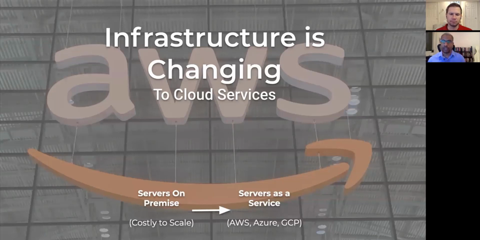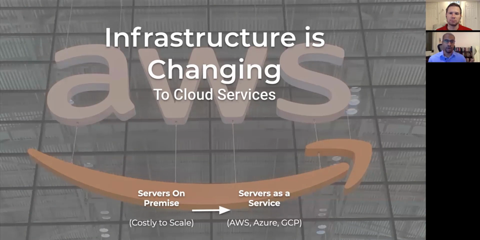I don't know how it is in your organization. Some of you may be at organizations where a lot of your databases and hardware infrastructure is internal, but the push has really been going more and more towards the cloud because of scale, because of pricing. And Matt will talk about this in a minute, but AWS is one of the biggest players for cloud services.